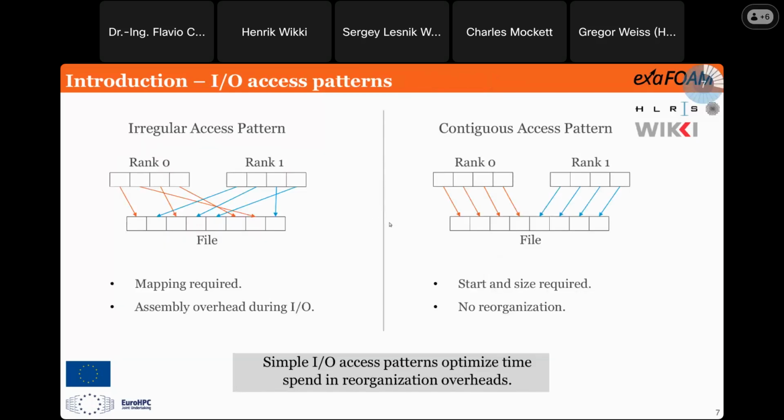A contiguous access pattern is the simplest way of thinking about how your data is dealt with: an array coming from rank 0 goes into the first chunk of your file, and rank 1 will write into the next chunk. Everything is determined by a start and size of these chunks or slices of your data. In opposition to that is an irregular access pattern, which can do some mapping, which might be beneficial if you cannot avoid it, but it will definitely give you some overheads due to reorganization.